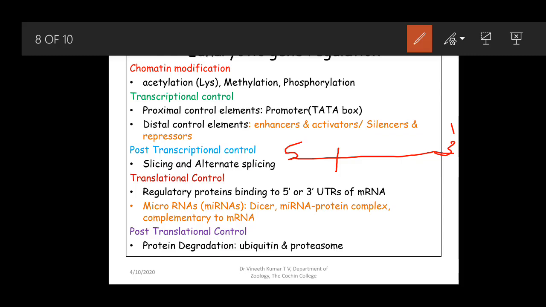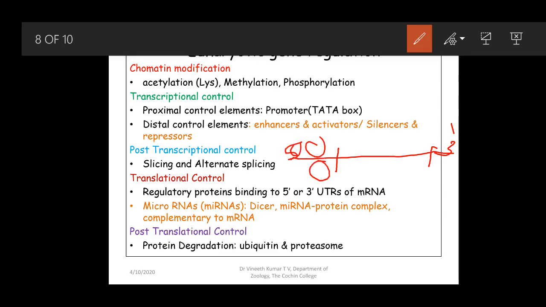You will sometimes have an untranslated region in the 5'. UTR means untranslated region in the 5' region, and sometimes it will be present in the 3' region. Anywhere you can see this untranslated region, they will not be translated. So these are regulatory sites. Regulatory proteins come and bind here.